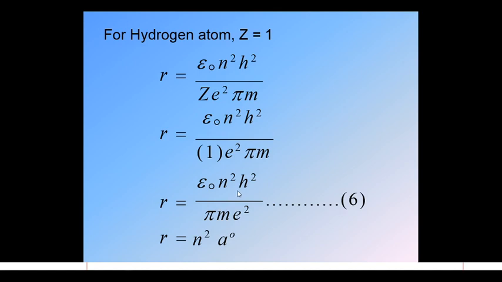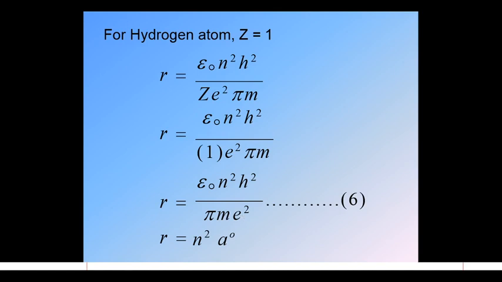So you can calculate that constant, or replace it with another variable, that is a0. So you can write r as n square into a0. And what is a0? a0 is a constant whose value is epsilon 0 h square by pi m e square.